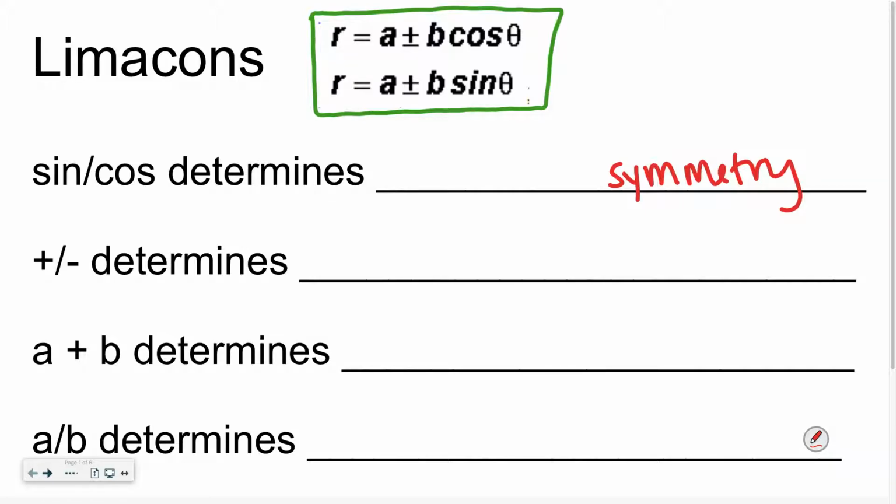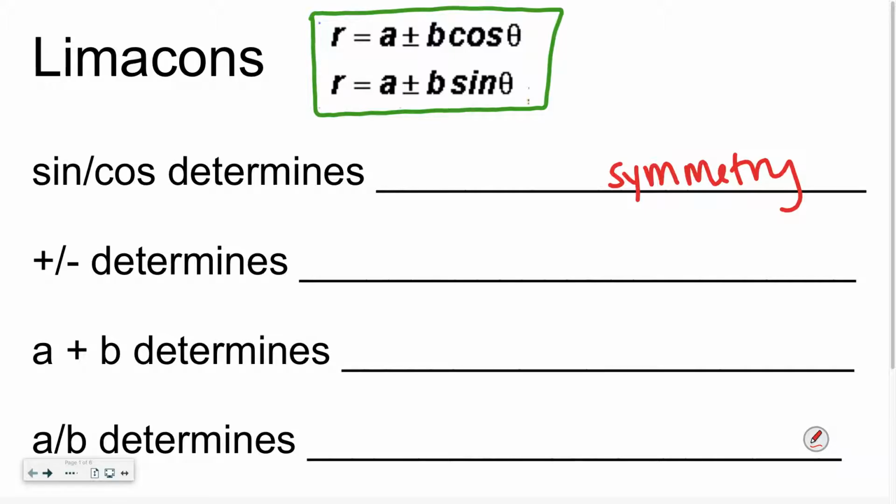Similar to the plus and minus of circles yesterday, plus and minus is going to determine where a majority of the limaçon is going to be. Yesterday, circles were either to the right or left, and either up or down from the pole. When we draw limaçons, not all of it will be to one side, but a majority of it will be on one side or the other.